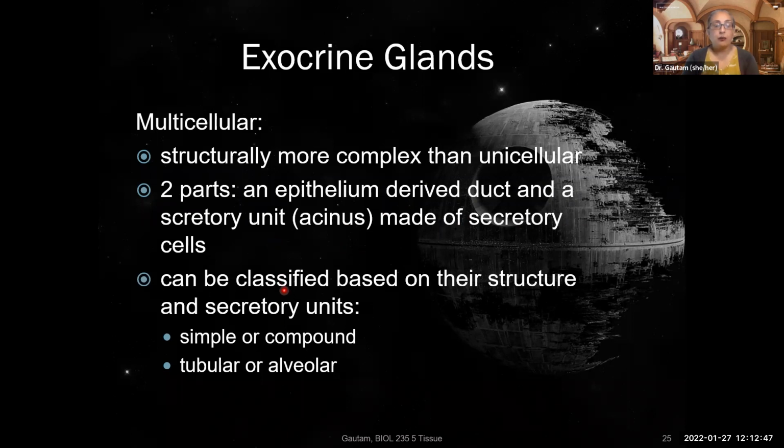These exocrine glands are further classified based on their structure and the secretory units. These glands can be simple or compound, and then the shape of the secretory unit can either be tubular, shaped like a tube, or spherical-like, or alveolar.